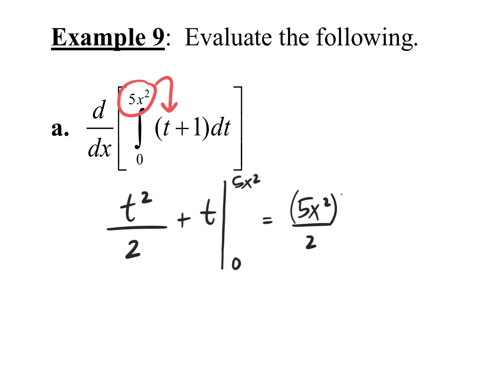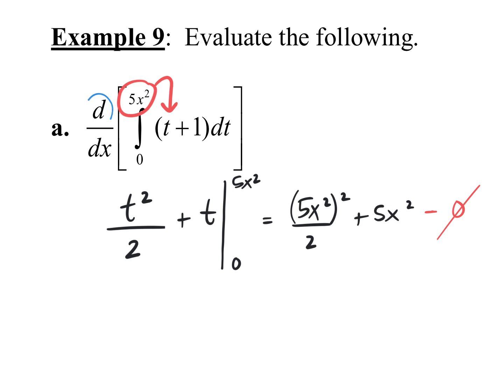Oh, this whole thing is squared though, right? And then plus 5x squared. And what am I going to get if I plug in 0? Also 0, okay? Or again, if it was not 0 down there and it was a number, let's say it was 5, I would just get some number right there, where that red is. So that doesn't really matter, okay?